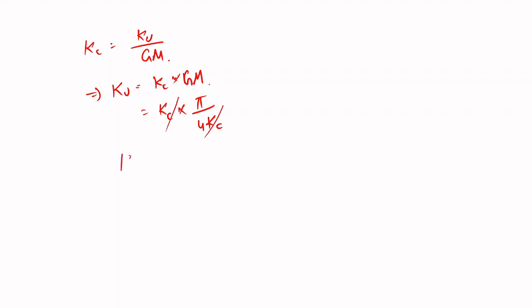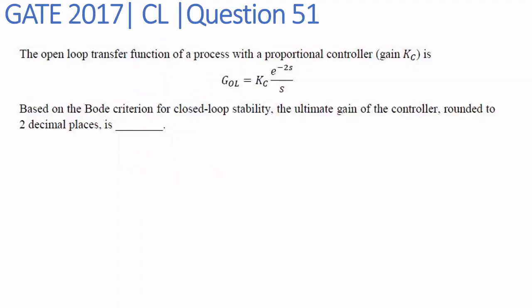Kc will get cancelled out, and the ultimate gain we can write as pi by 4, or numerically we can write it as 0.785. So the final answer, that is based on the Bode criterion for closed loop stability, the ultimate gain of the controller rounded up to 2 decimal places, we can simply write it as 0.78.